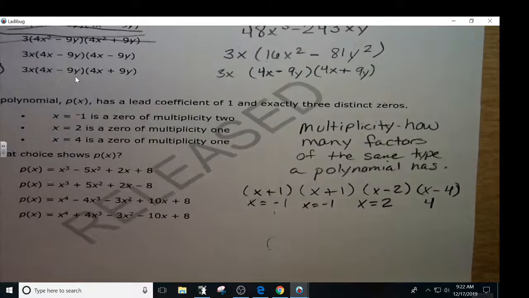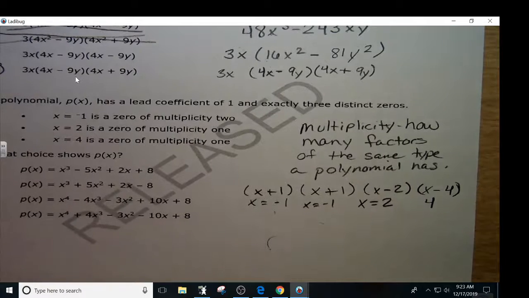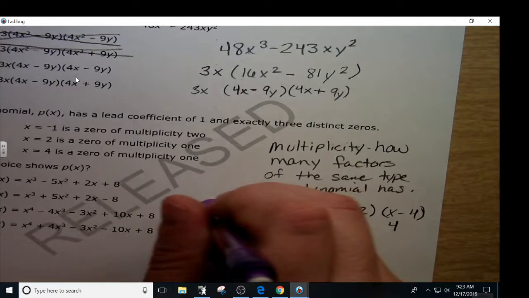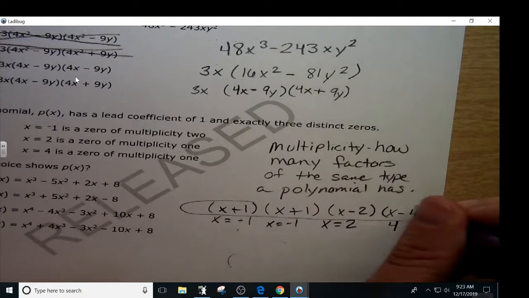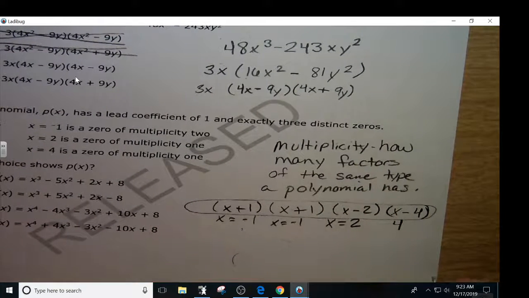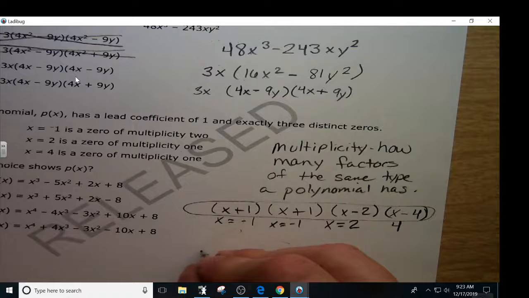Now, guys, this is a long, drawn-out problem, but I'm going to show you how to do some elimination here. Now, what we're going to have to do is multiply all these together. But let me show you a fast, easier way. Take 2 at a time, x plus 1, x plus 1.